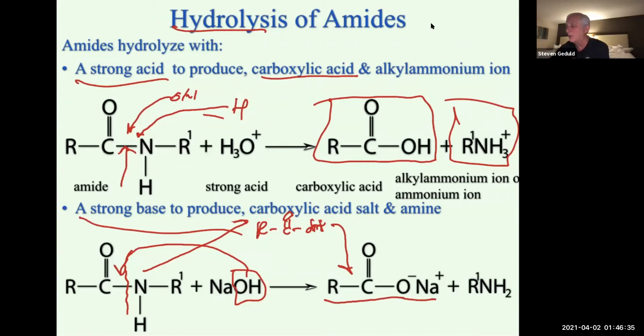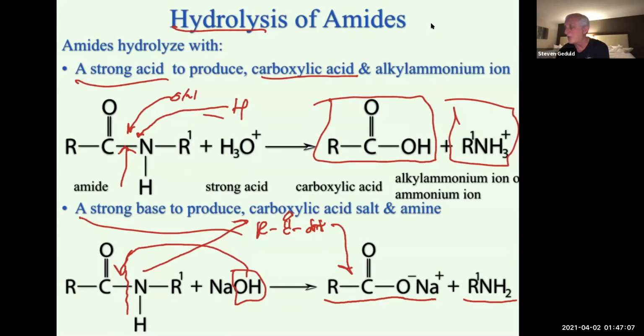Okay, opposite charges attract. There's the carboxylic acid, which is the negative charge. The metal of the salt is a positive charge, and it's going to form the amine. Okay, so it all depends on whether it's an acid environment or a basic environment where the charge is going to be. If it's an acidic environment, you're going to have the carboxylic acid, and you're going to have the ammonium absorbing the H plus. Because remember, amines are bases. Right?